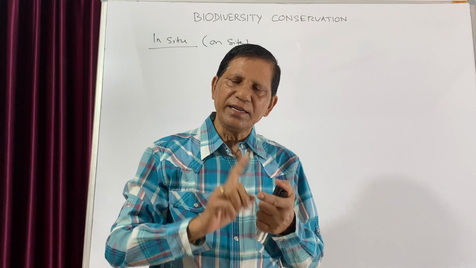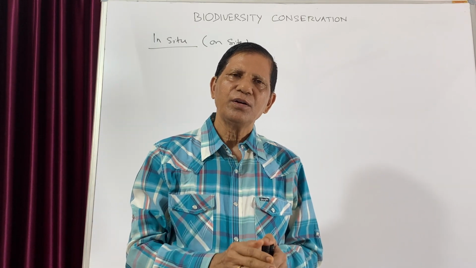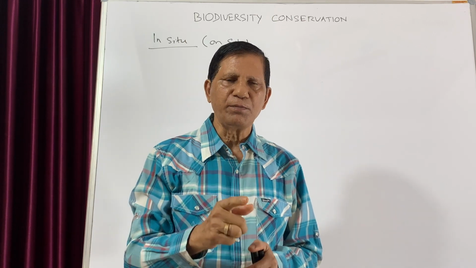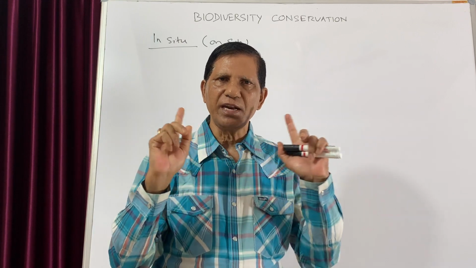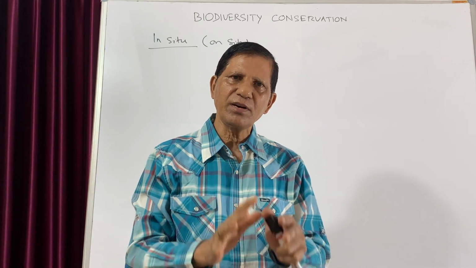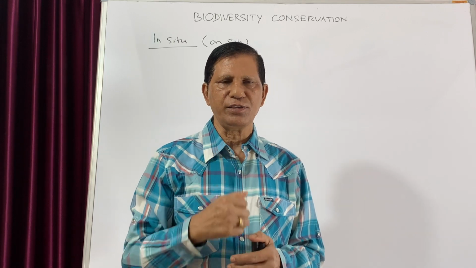And in this case, the entire ecosystem is to be conserved to conserve a few species. For example, we have to conserve the entire ecosystem to conserve the tiger, because the tiger has to stay in its natural habitat in the forest. So this is known as in situ conservation.